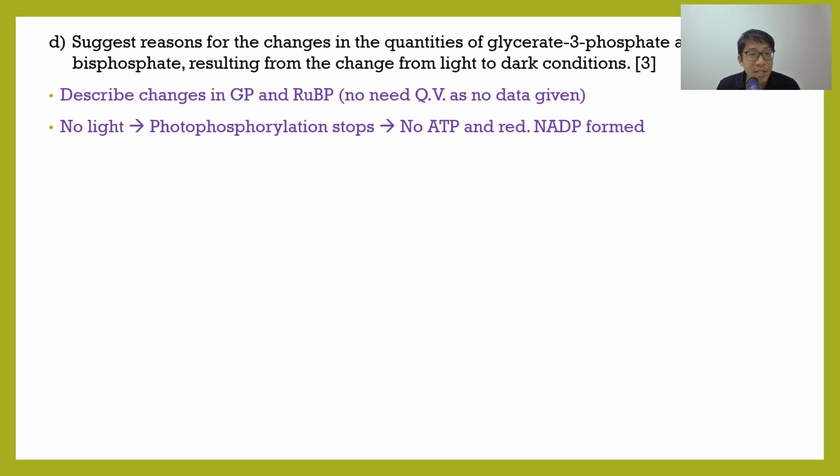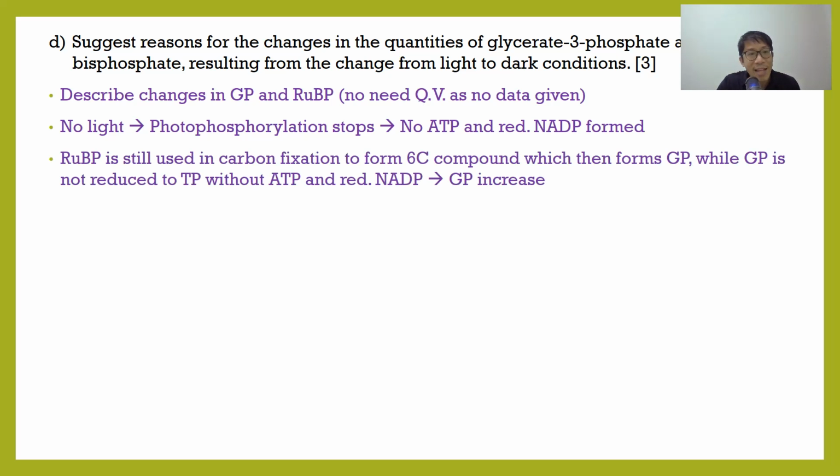So in this case, because it's a lack of light, we have photophosphorylation that will be affected, and therefore no products from photophosphorylation, namely the ATP and reduced NADP. So because of that, for our GP, carbon fixation still occurs because there's no change to carbon dioxide concentration. So GP is still formed.